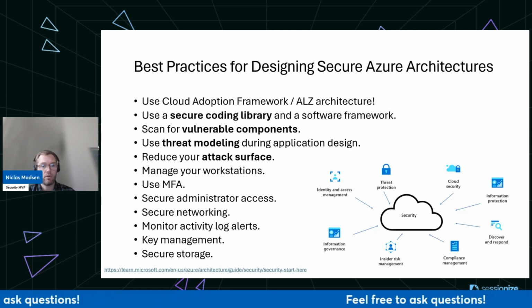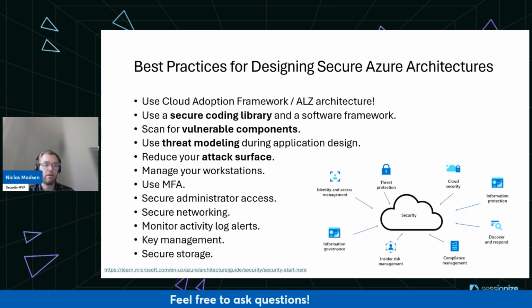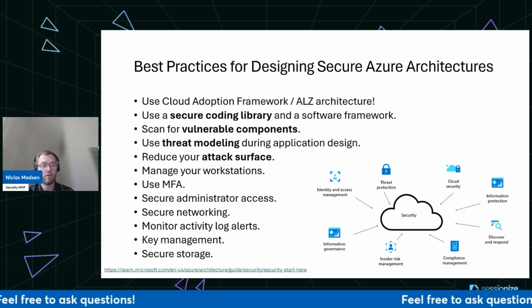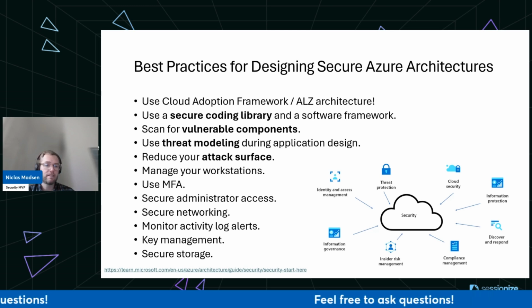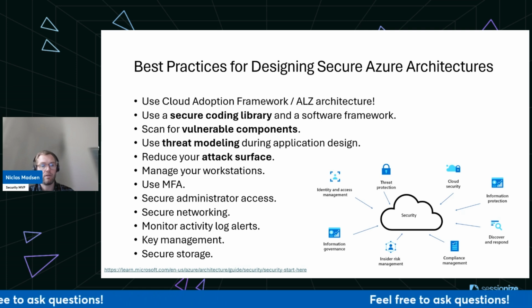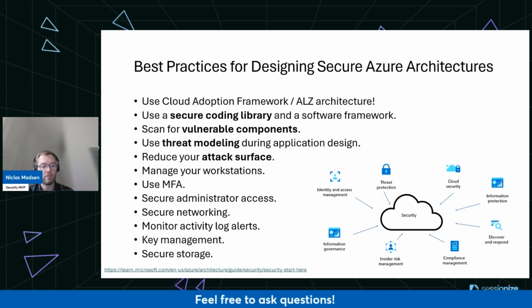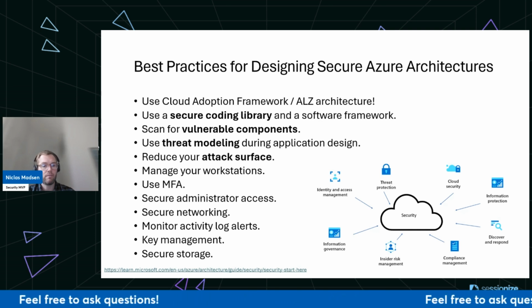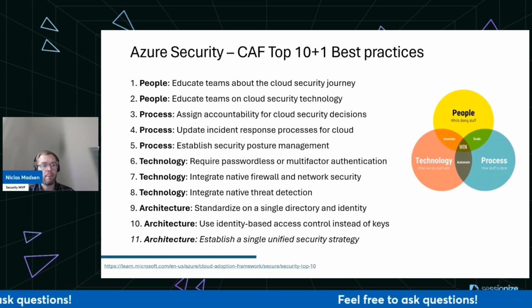Use secure coding libraries, scan for vulnerabilities, use a threat model, try to reduce your attack surface, and you can do that with Defender for Cloud, right? Use MFA, scan, monitor your activity logs, things like that. I would say it's actually very easy to get started. And I also provided a link that you can go to here, and start this journey.